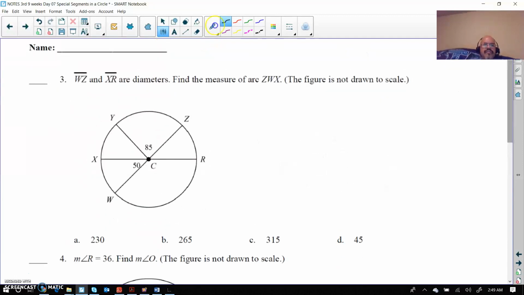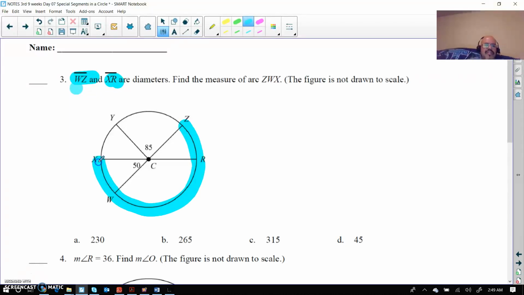On this diagram, we are told we have w, z, and x. Well, these are going to be diameters, which is semicircles. We're finding the measure of arc z, w, x.